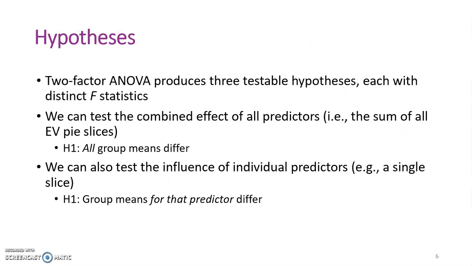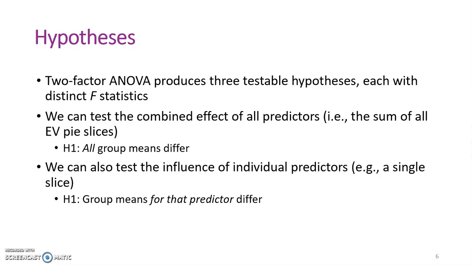So the two-factor ANOVA has 3 hypotheses, and each of them has a distinct F statistic. The reason that we have 3 testable alternate hypotheses is that we've got the hypothesis for the combined effect of all predictors, and that would be the sum of all of the predictor pie slices of variability.